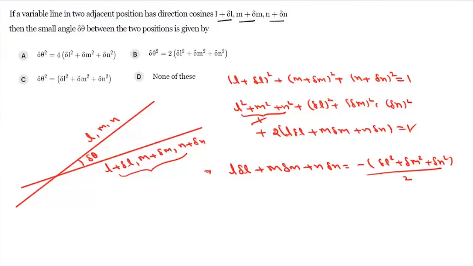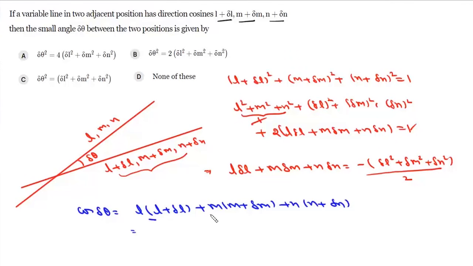Now we need to find the angle between these two lines. Now we know that cos δθ will be given by l(l + δl) + m(m + δm) + n(n + δn). Now l² + m² + n² is 1, plus, and then lδl, mδm and nδn is −(δl² + δm² + δn²)/2.